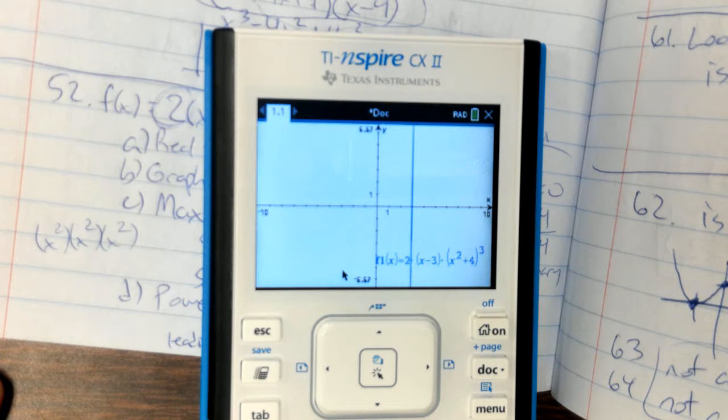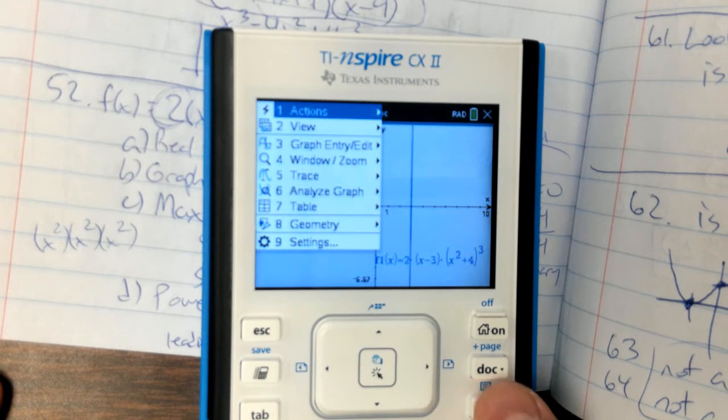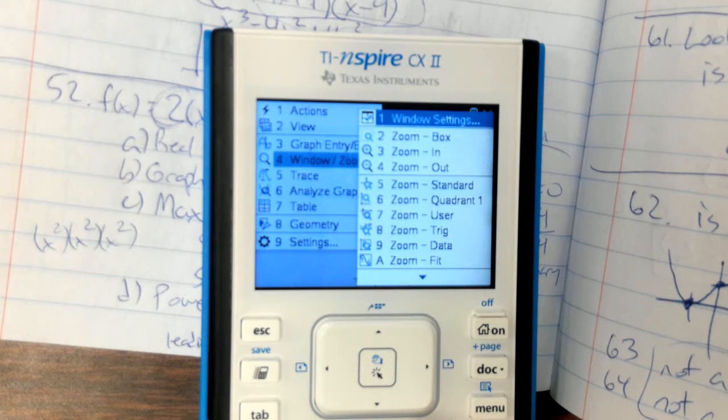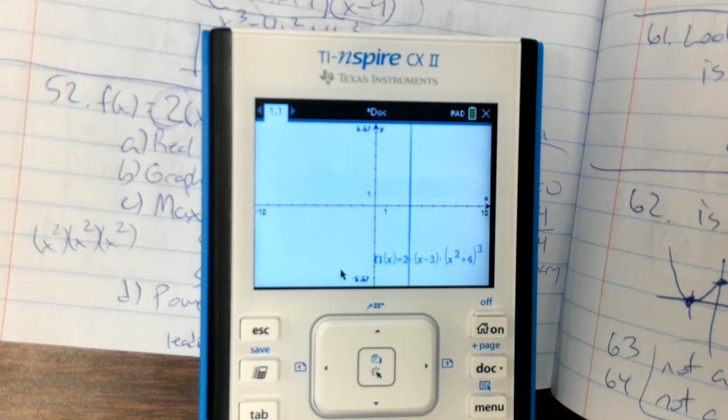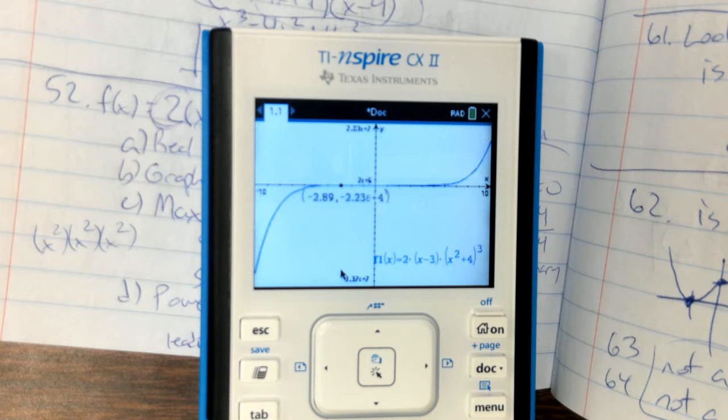Here you can either choose to look at your table first to figure out what window you should use, or just probably go to zoom 4, and I'm going to do A for fit. Okay, so when I did zoom fit, it gave me a decent window. So you can see it looks like that.